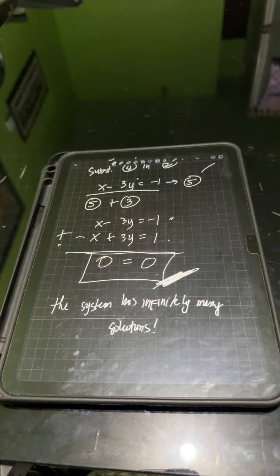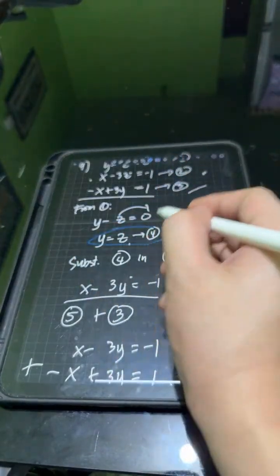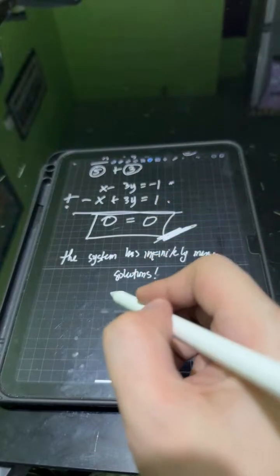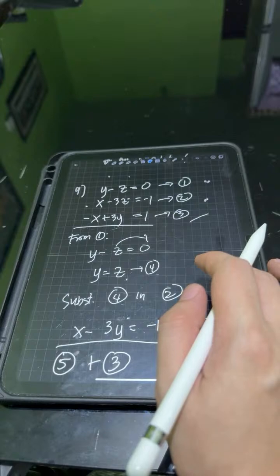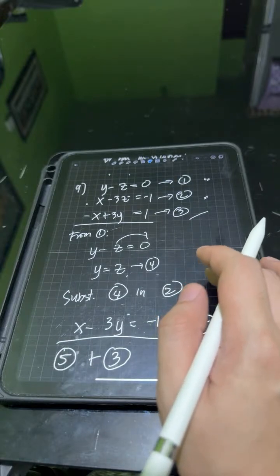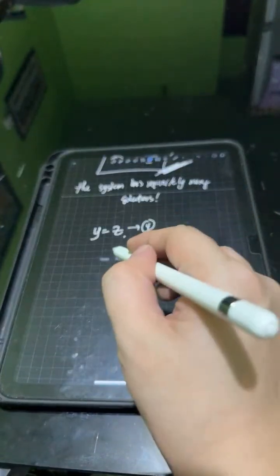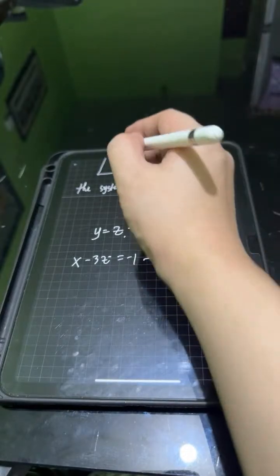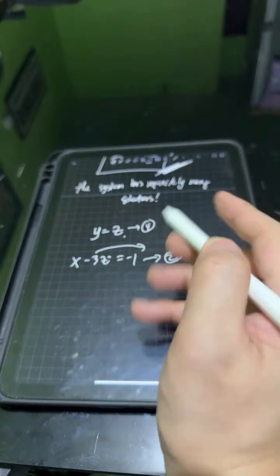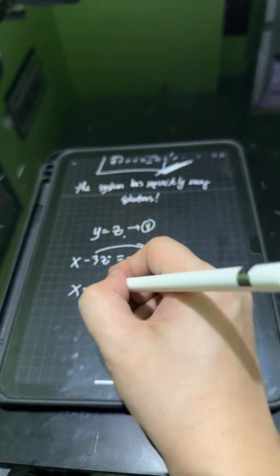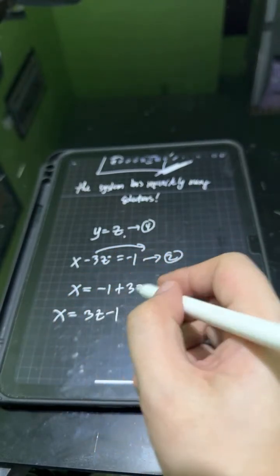Okay? So using the relationship that we got, equation 4, y is equal to z. And if we try to use equation 2 here, and solve for x, you just transpose negative 3z to the right side. So x is negative 1 plus 3z, or x is 3z minus 1.